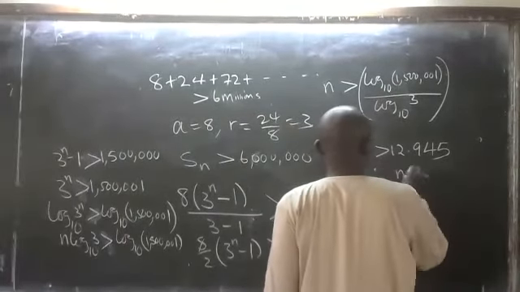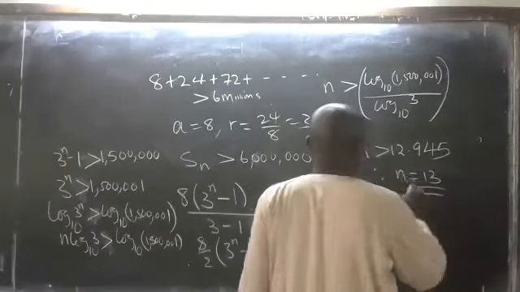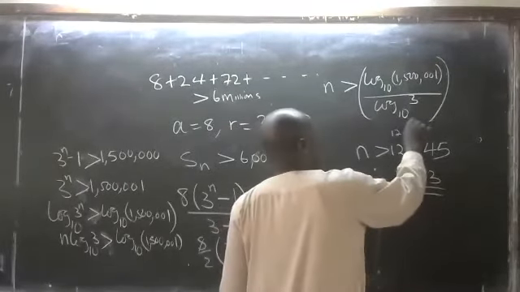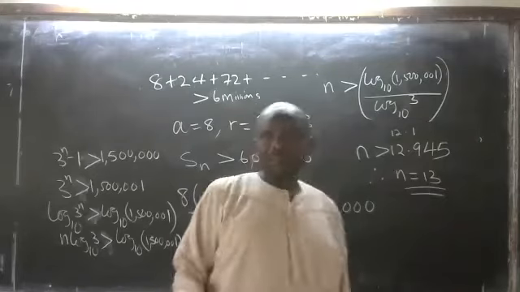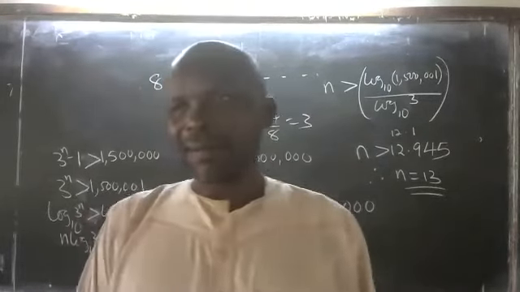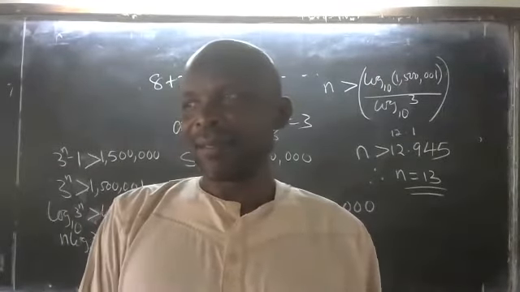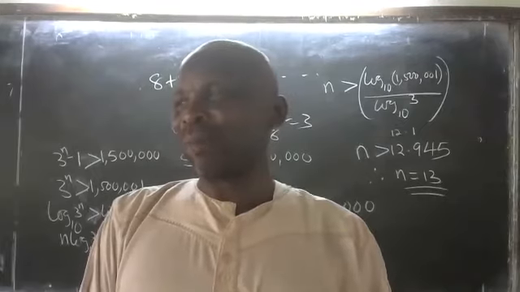The term N is equal to 13. Even if it was 12.01, we should say 13, because it must be greater than that. Not necessarily 0.5 or more.